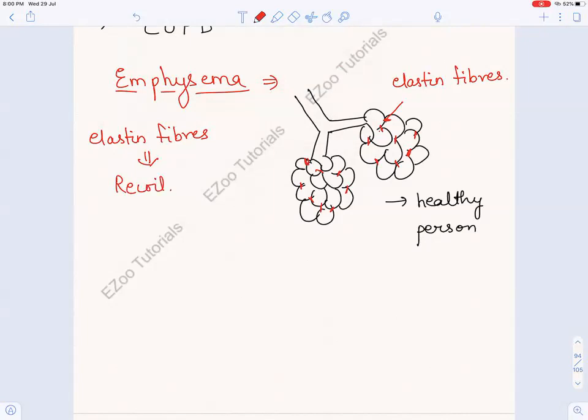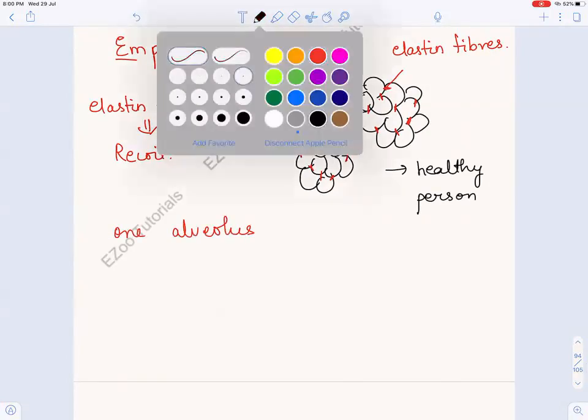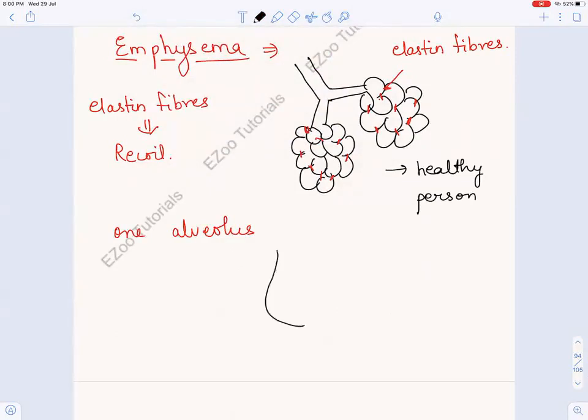So now let me draw just one alveolus. Then things will be much clearer. Suppose this is the alveolus. These are the cells, a lining of single layered cells.